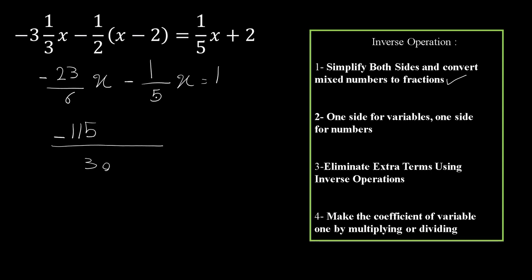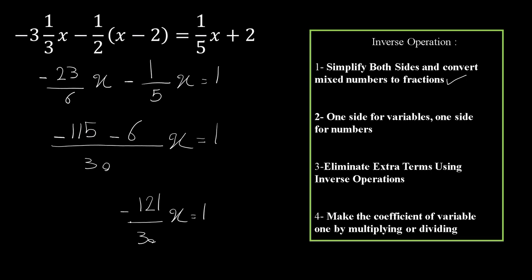This one is multiplied by 6, so minus 1 must be multiplied by 6. Of course, x will be 1. So I'm going to have minus 121 over 30 times x is equal to 1.